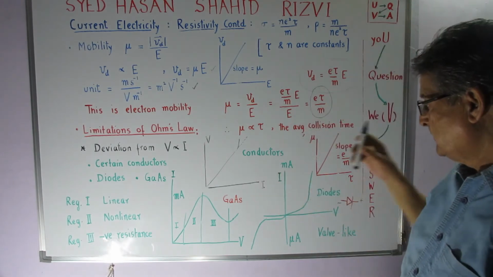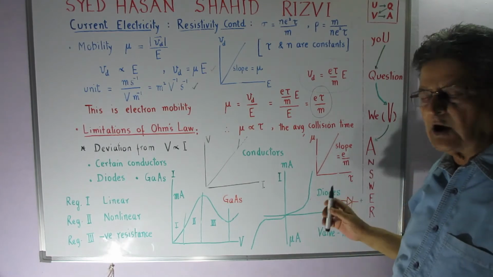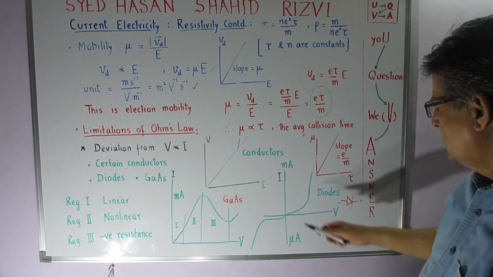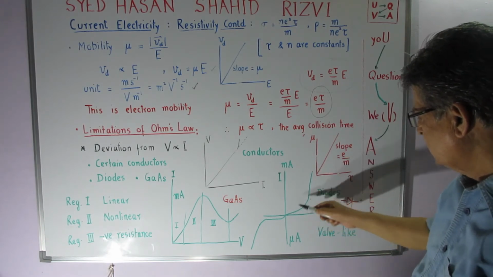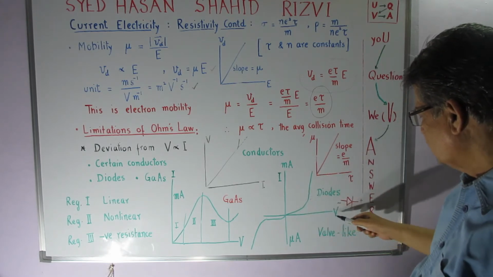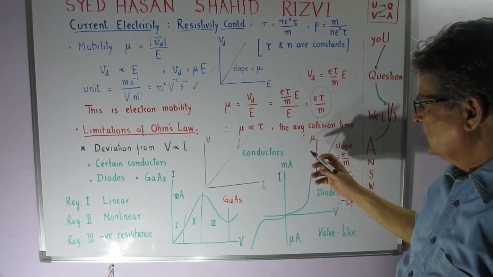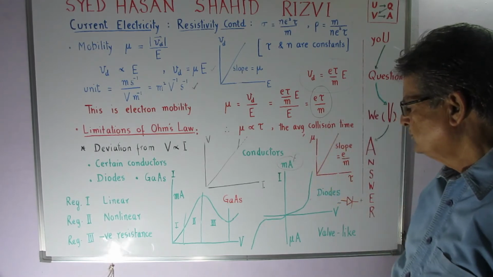Materials n-type and p-type, and if the p-type is made positive with respect to the n-type, then of course there is flow of electrons and holes. In one direction you can see the current changes as the potential difference increases, and the current is in milliamperes.